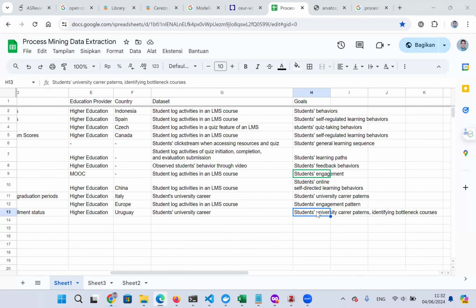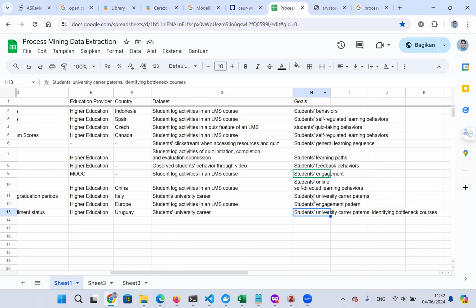So the goal basically is to see the students' university career patterns, what will they go through after they took a certain course, and what is the bottleneck in this whole process, out of this population that they take.